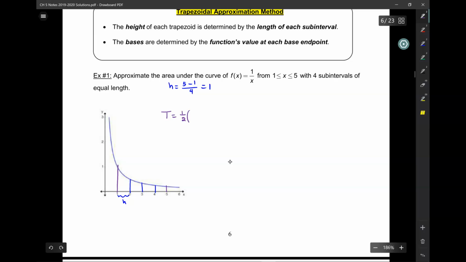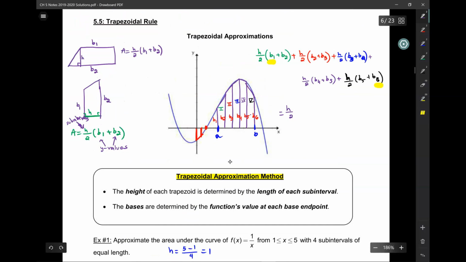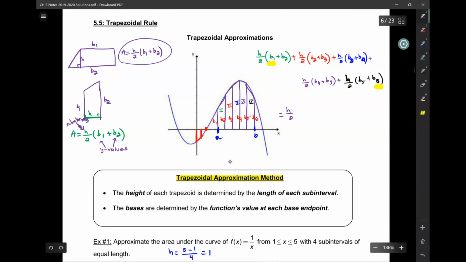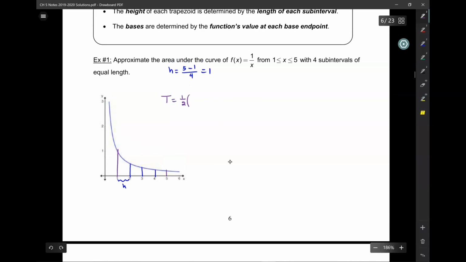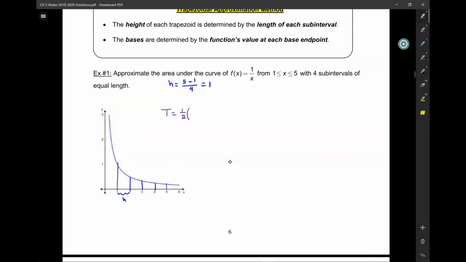It's half times the height. Oh, because the formula. So you're timing it by the... No. The formula for the area of a trapezoid is half times height times the bases. I wouldn't simplify yet, because then you forget at the end. Let's just go through and then I'll show you some shortcuts.